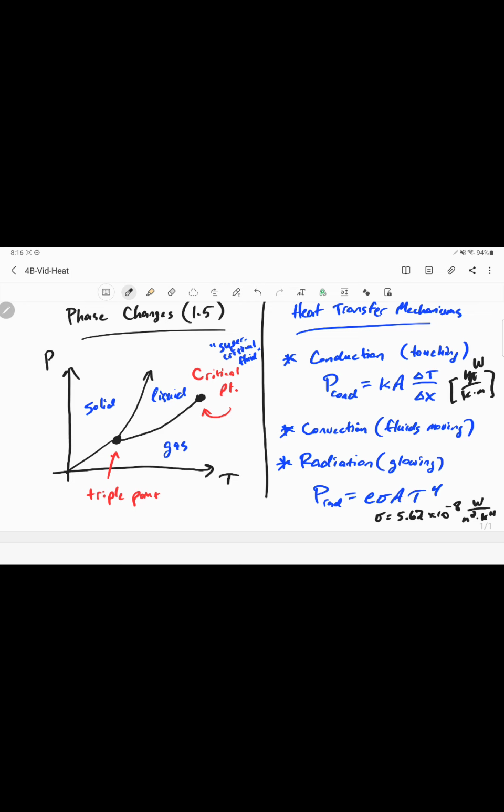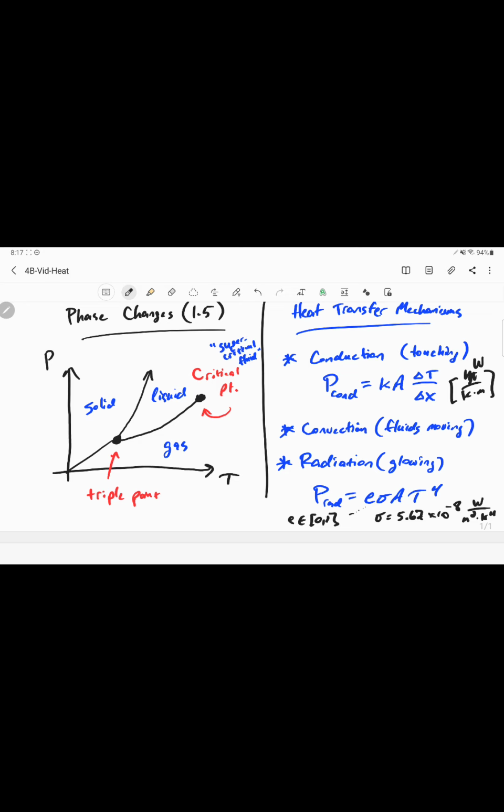So that's the Stefan-Boltzmann constant. And then E is something called the emissivity. E is a number between 0 and 1, and it says how efficient the object is at absorbing and radiating energy in the form of radiation. A perfect black body has emissivity 1. And if you're not given what this number is, you just assume it's equal to 1.